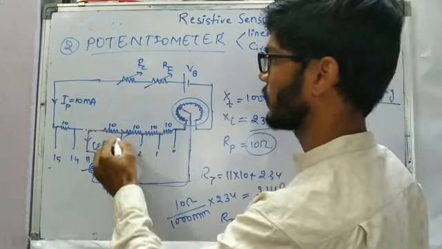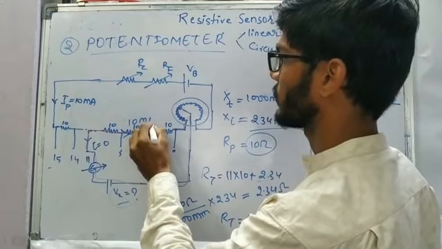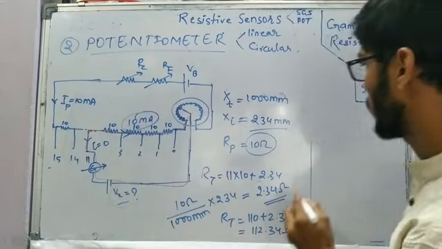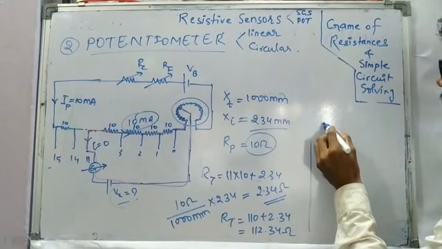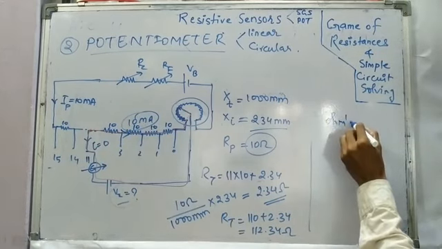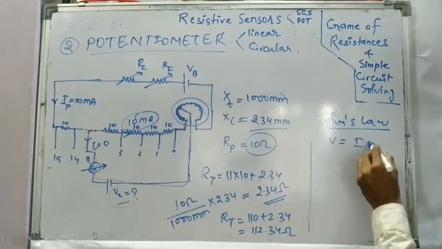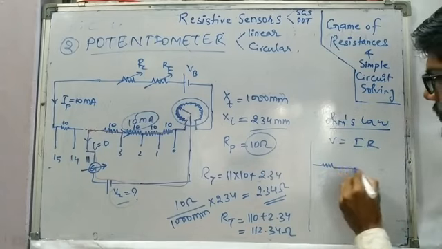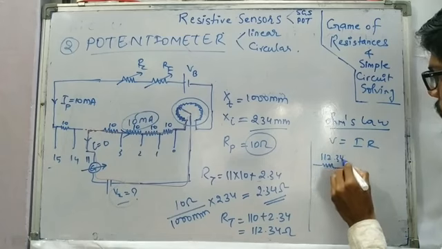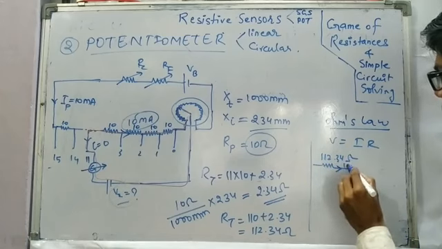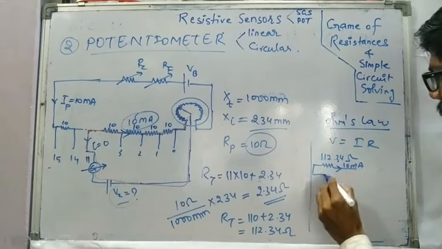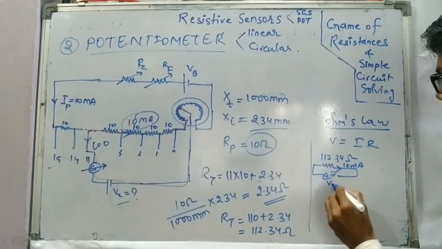And as this is having the working current as 10 milliampere, we can simply apply Ohm's law. V is equal to IR. So this is the resistance 112.34 ohm, which is having 10 milliampere current passing in it. So we have to calculate the voltage Vx.